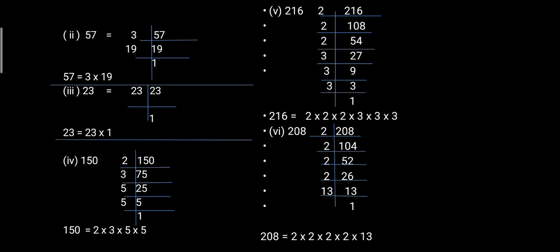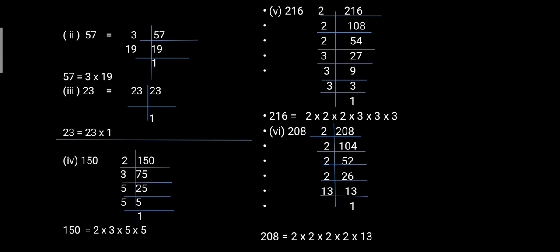So we'll first go with 2. 216 divided by 2, we get 108. 108 can be divided by 2 and we get 54. 54 is also divided by 2, we get 27. 27 can't be divided by 2, so we'll go for the next one, that's 3. 27 divided by 3, we get 9. 9 can be divided by 3 and it's 3 into 3. 3 is a prime number, so it can't be further divided.